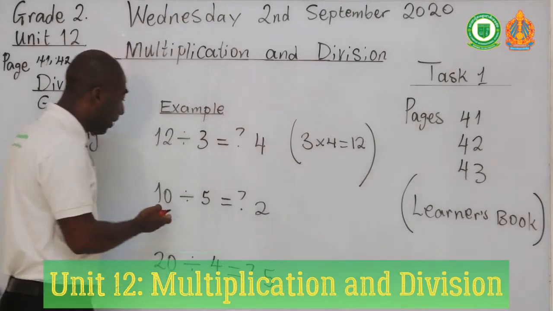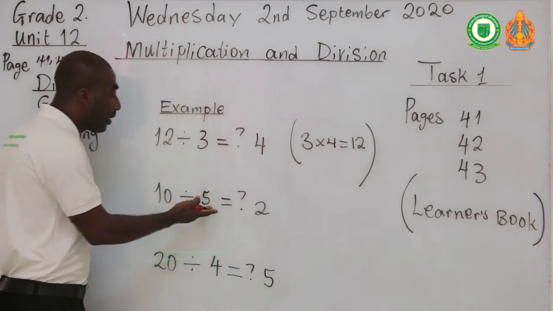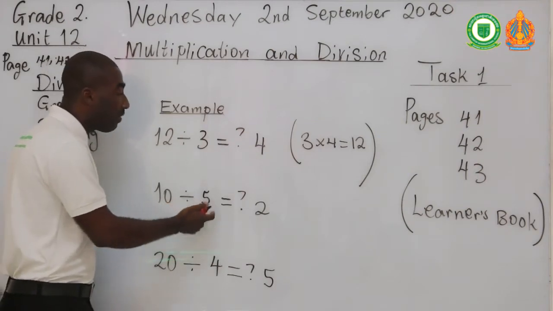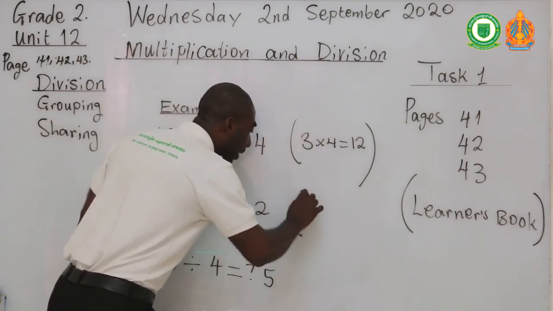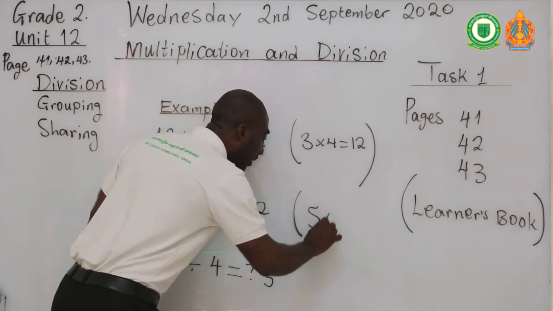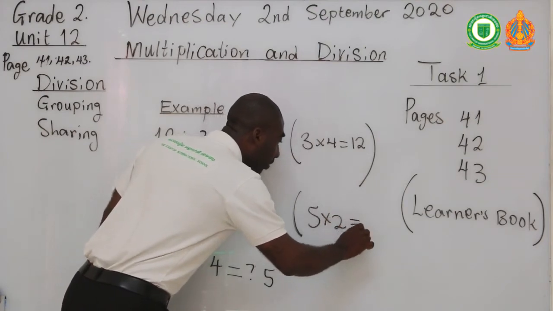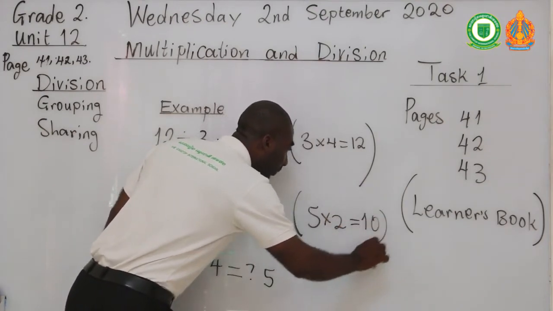Okay, so the same way, if you have 10 divided by 5, it also means that when you have 5 and you multiply by 2, it's going to give you 10.